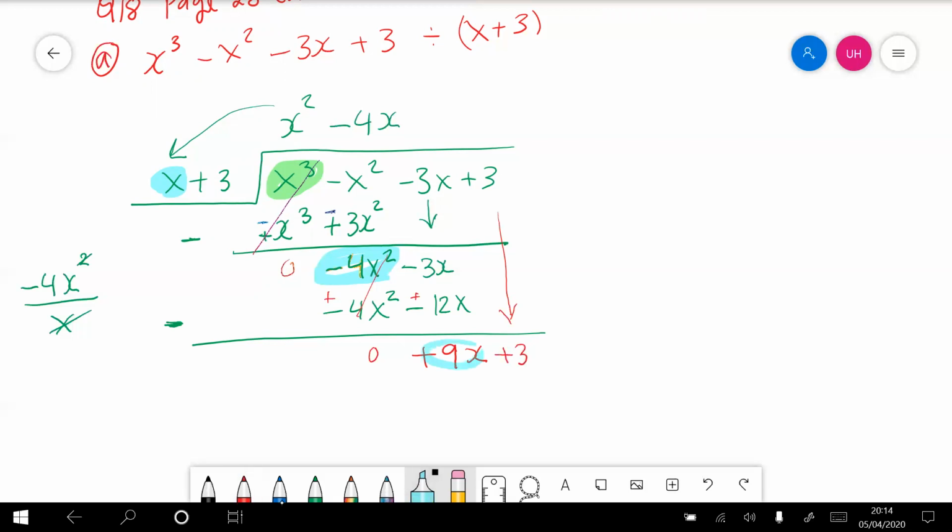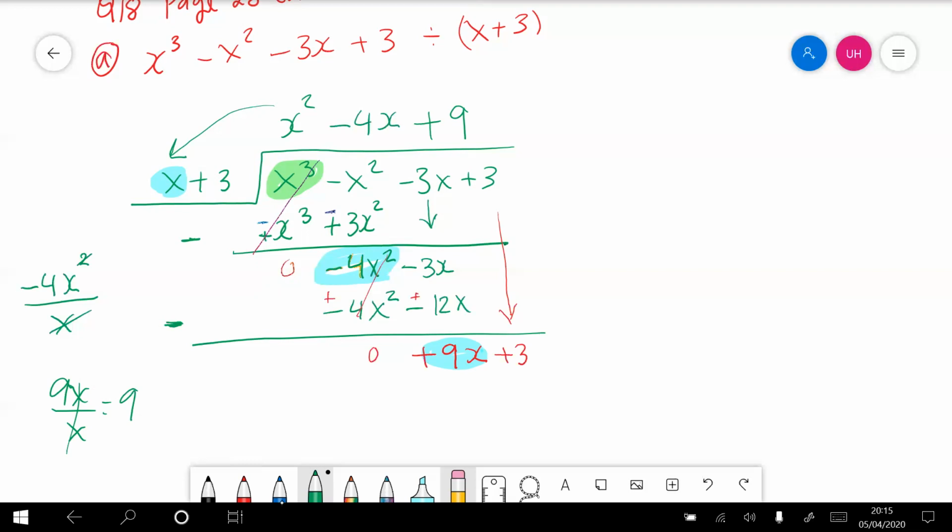The leading term is the plus 9x. And 9x divided by x is 9, because positive divided by positive is positive. So 9x divided by x equals 9, so plus 9 there.